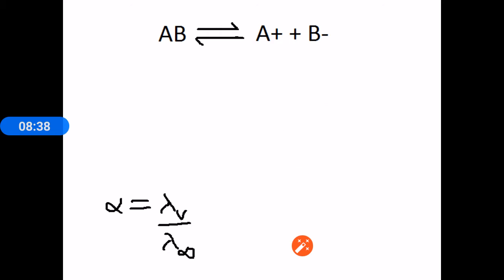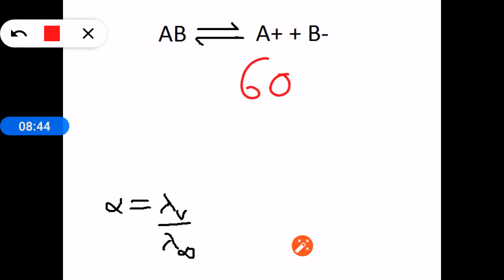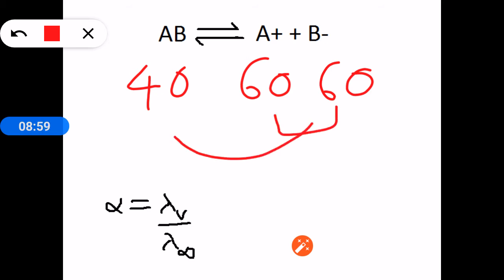Now the degree of dissociation we obtained is 60%. It means 60 A plus and 60 B minus will be formed, and the remaining AB will be 40. Out of these 60 A plus and 60 B minus formed, one A plus and one B minus may combine to give AB, and one molecule of AB may again convert to give A plus and B minus.